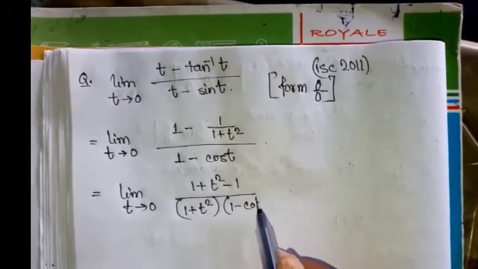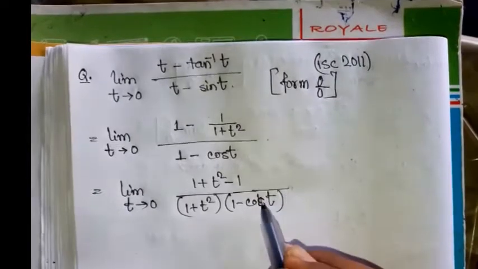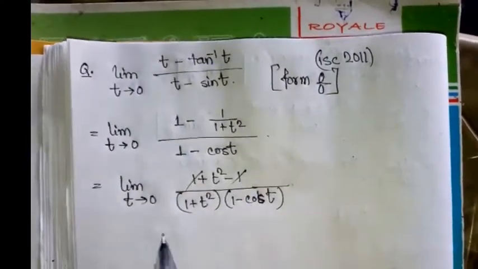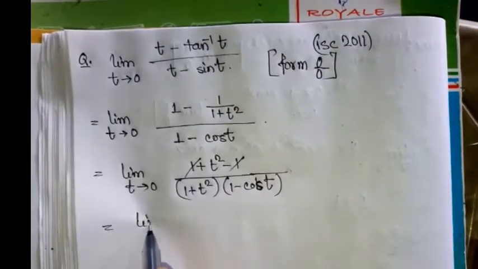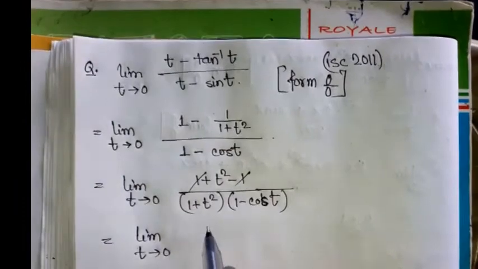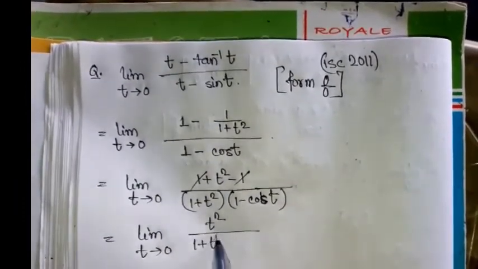You will understand how to simplify; I just considered the LCM and did it. So 1 cancels out. So limit t tends to 0, t square by 1 plus t square.